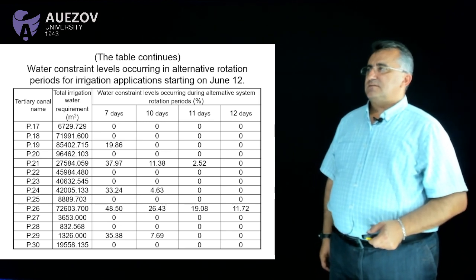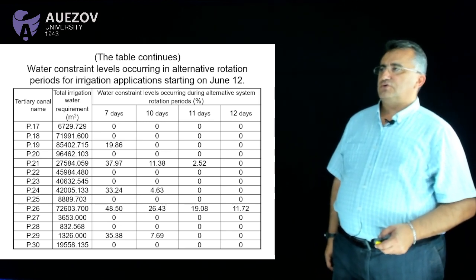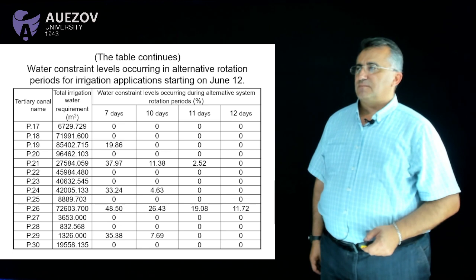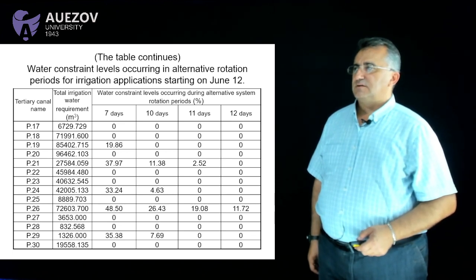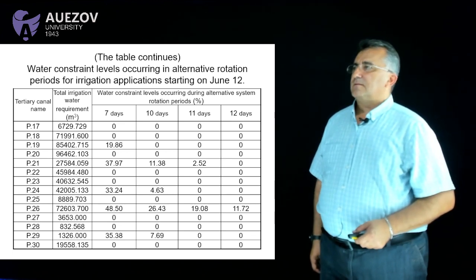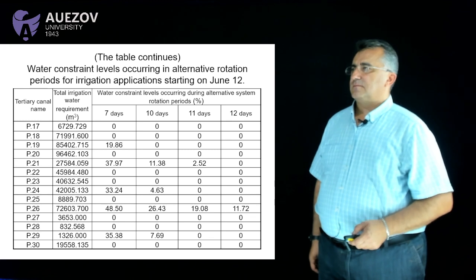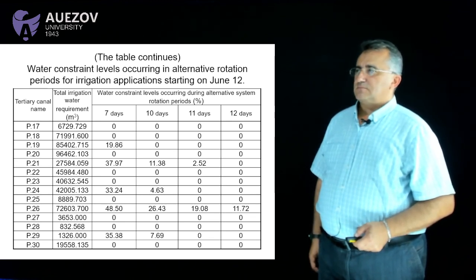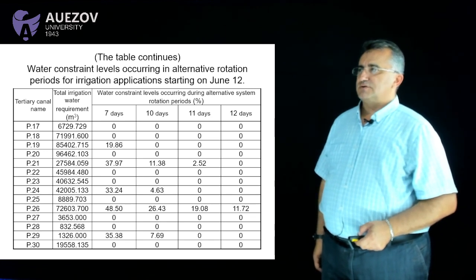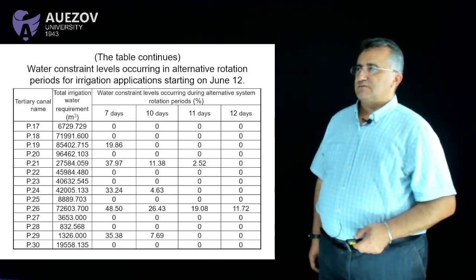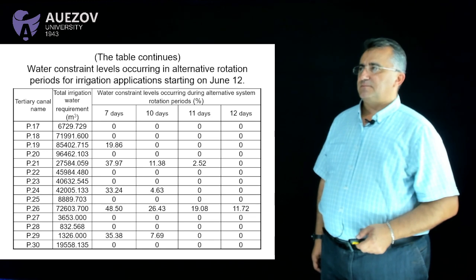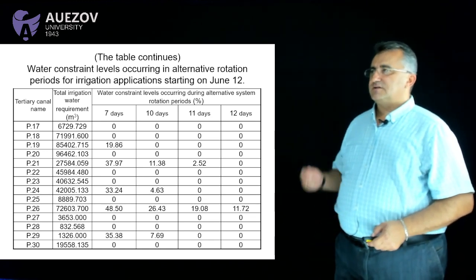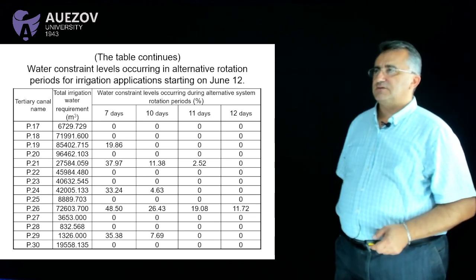The table continues, and the program reports all the constraint levels for each tertiary canal for alternative system rotation periods.